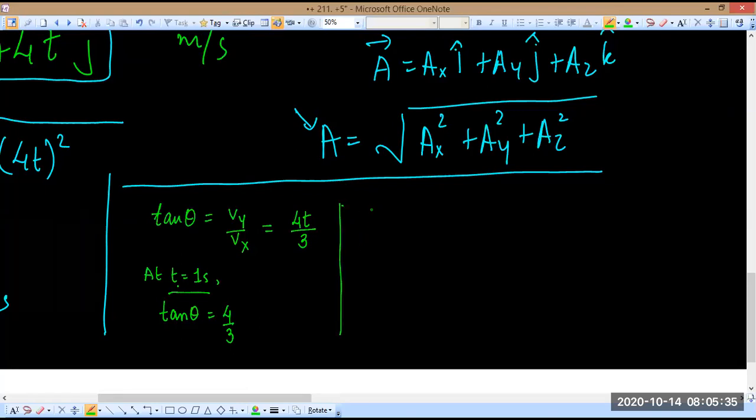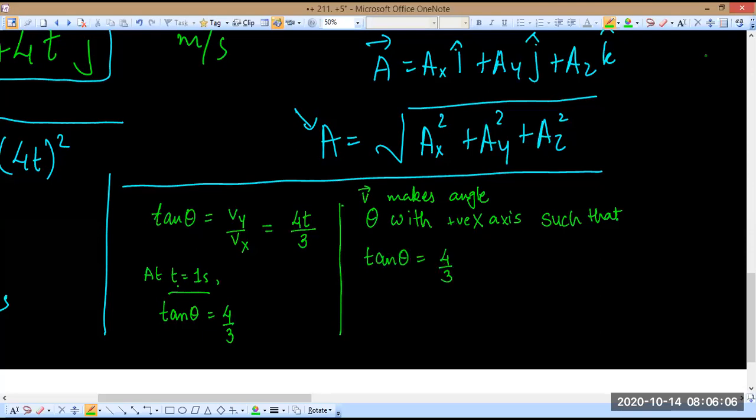This velocity makes an angle theta with the positive x-axis, such that tan theta is equal to 4 by 3, right?